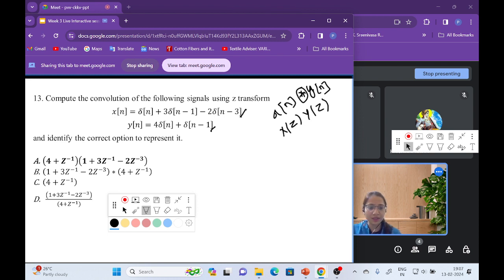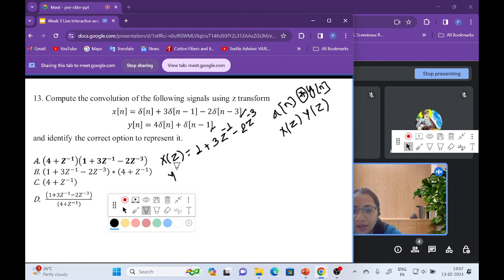Okay. Let's solve this question. So what will be X of z? The Z transform of delta of n is 1, so X of z will be 1 plus 3 z inverse minus 2 z to the power minus 3.